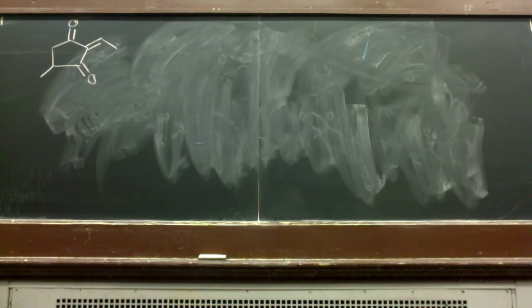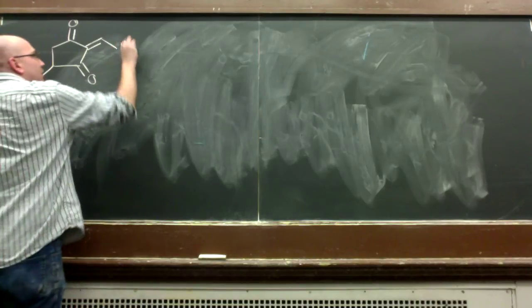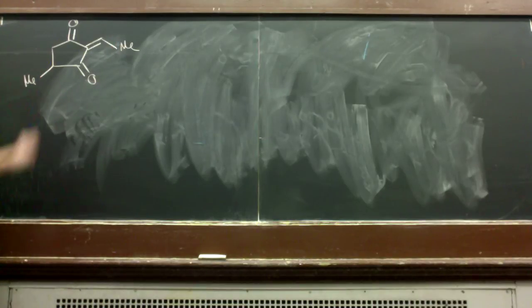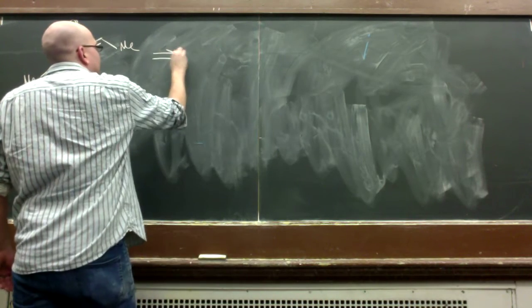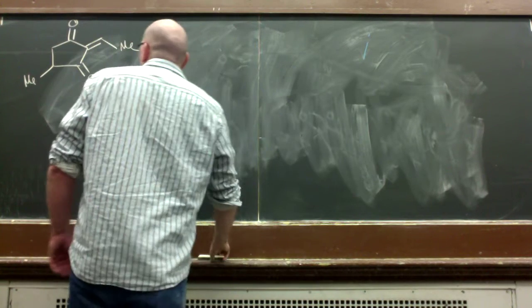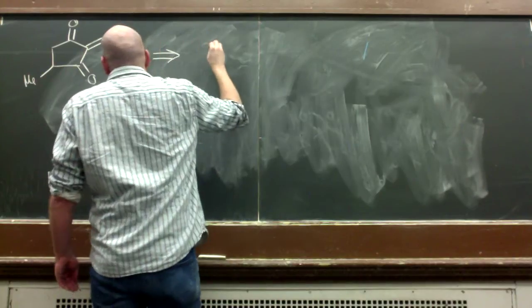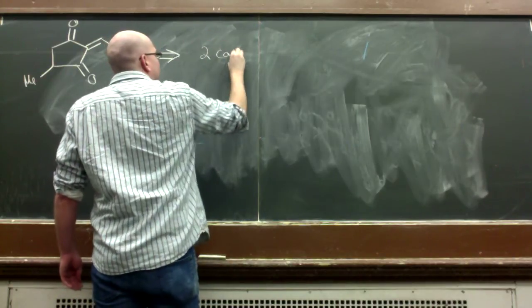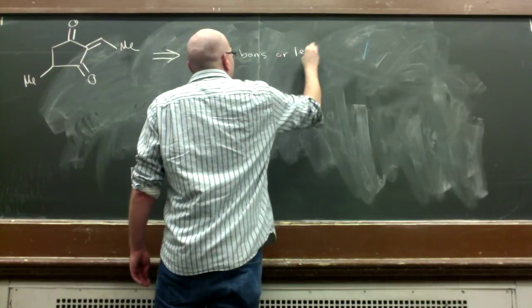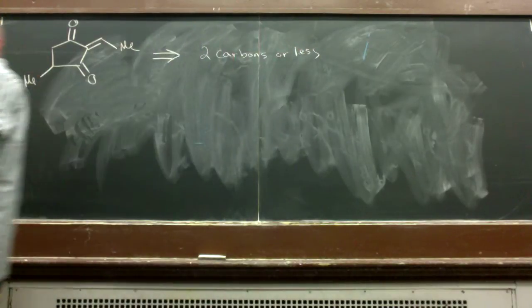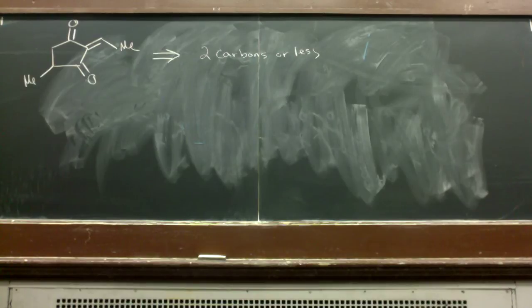So we've got this molecule on here, and from a retrosynthetic analysis standpoint, let's say, can we break this down to 2 carbons or less? So we want to break this entire molecule down into pieces of 2 at a time. Okay?